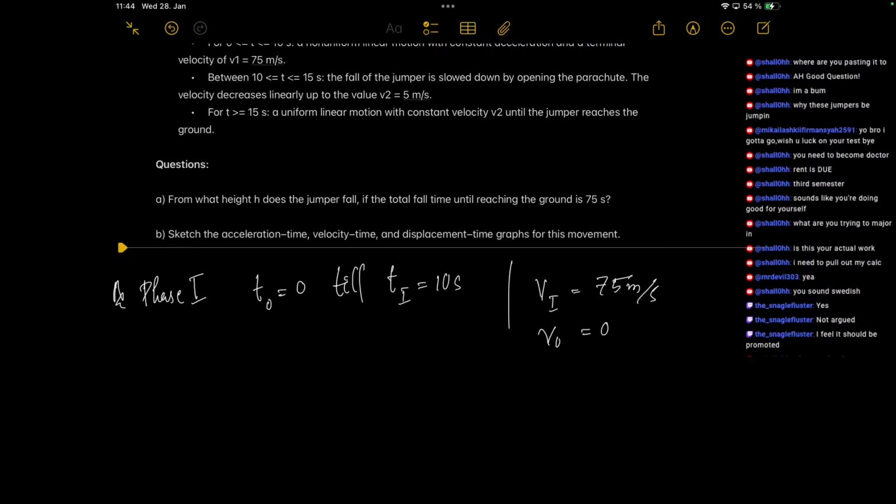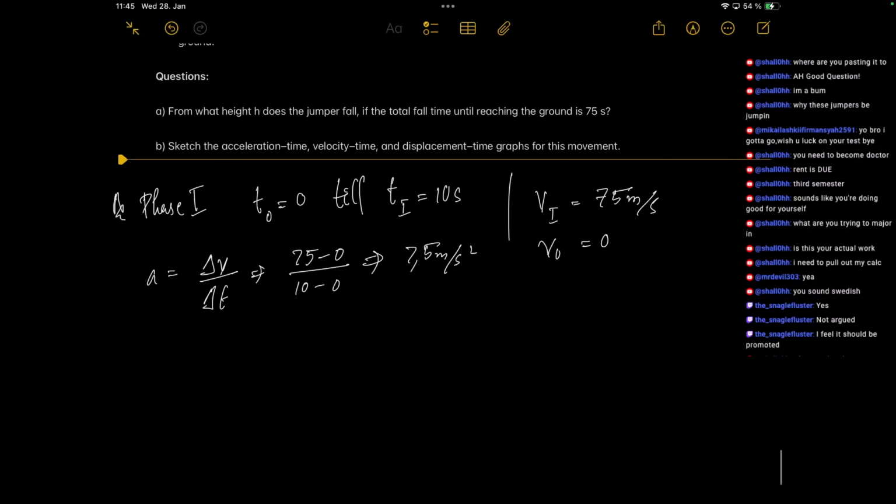How do we find the acceleration? Acceleration equals change in velocity by change in time, which is 75 minus 0 by 10 minus 0. That's 7.5 meters per second squared.